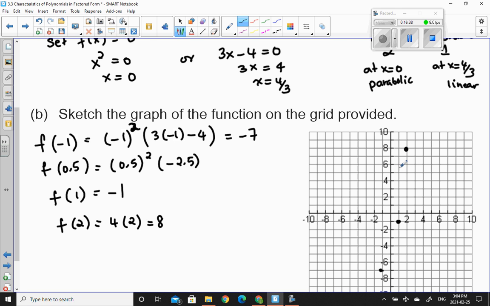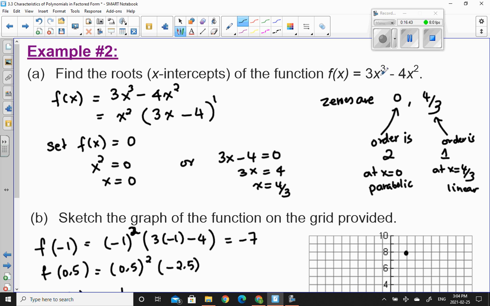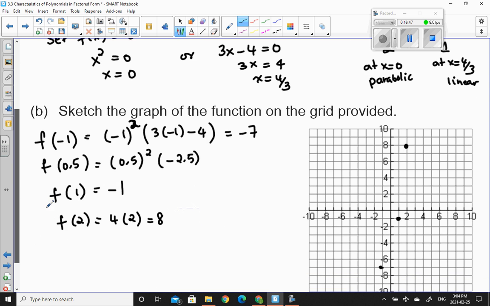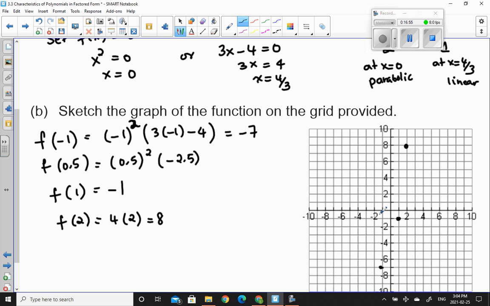We can see that this function has a degree of 3 and a positive leading coefficient, so it's going to go from quadrant 3 to quadrant 1, like the y equals x cubed graph, which has an odd degree and a positive leading coefficient.